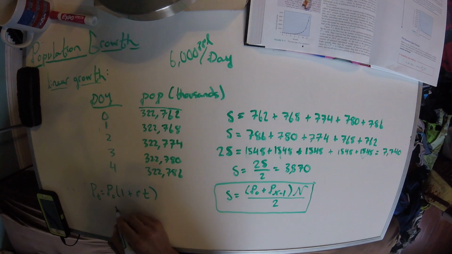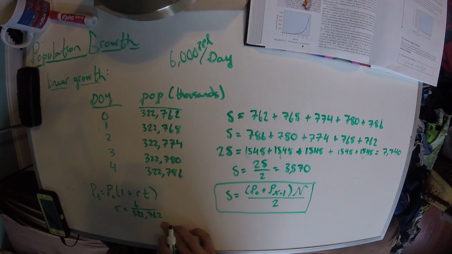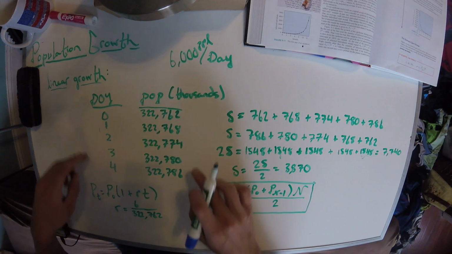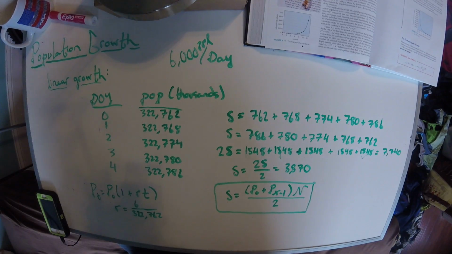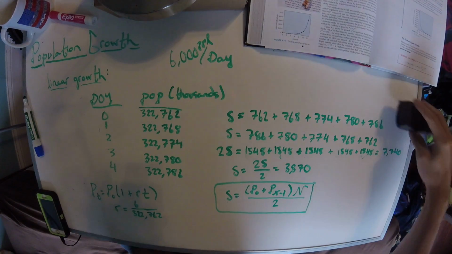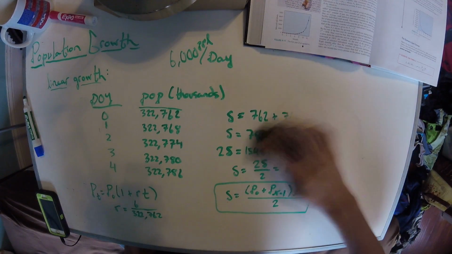But now R is equal to 6,000 divided by the starting population, which was 322,662. So this would be our R, and then if we wanted to get the population at any given day, we would just plug in the number of the day as t, and that would get us there. Okay, so linear growth, relatively simple, and also useful mostly for approximations.